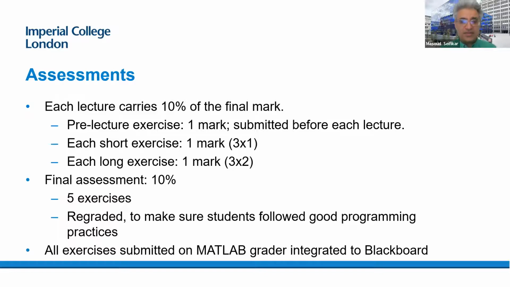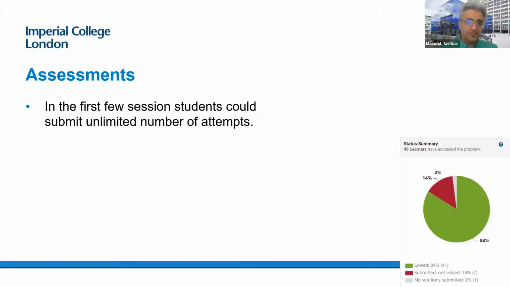And for the final assessment, I had 5 exercises. That was the only time that I regraded all code again, because I wanted to make sure students were following good programming practices, commenting, and the rest. And all exercises were submitted on Blackboard.